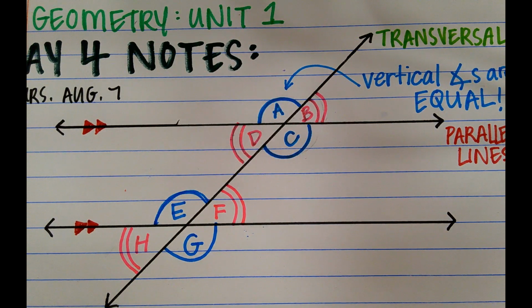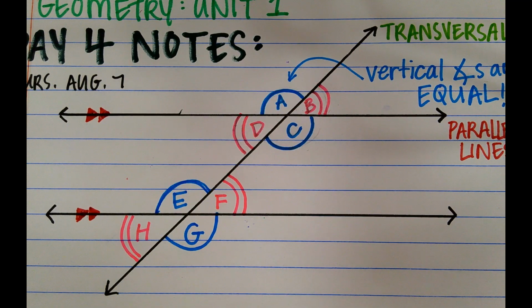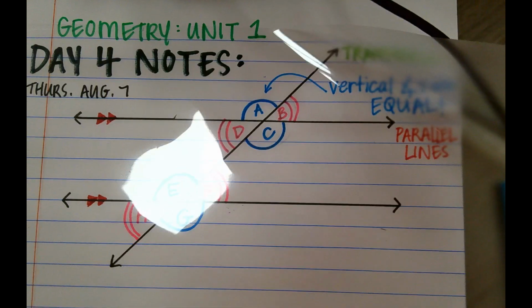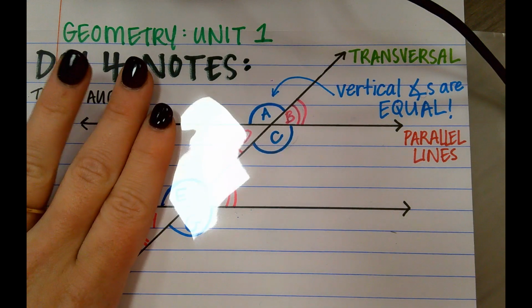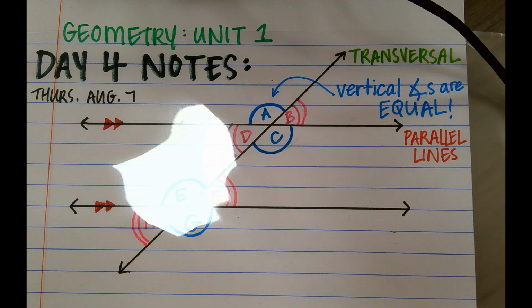Now, something that might make this a little easier to see, let me pause this. I want to grab something. All right, so that created a terrible glare, but I'm going to trace over this clear page just to prove that it works. Let me find a Sharpie. Okay.